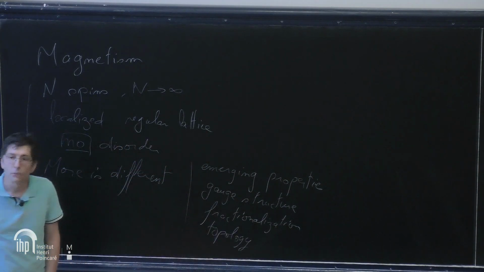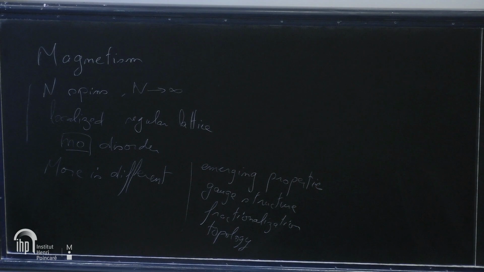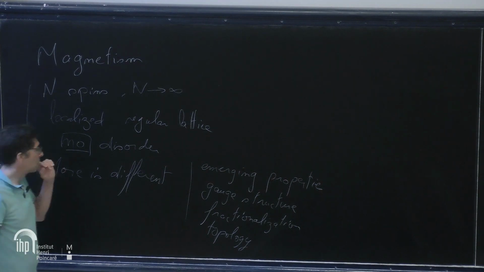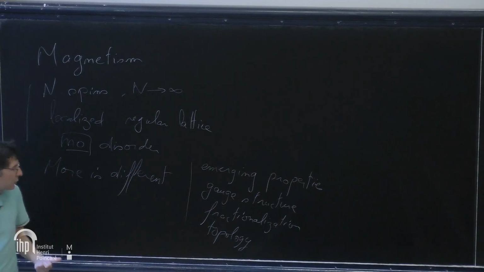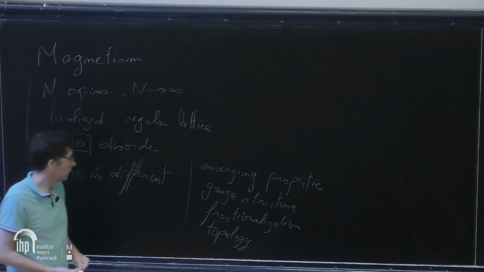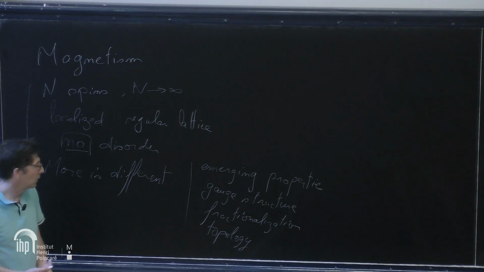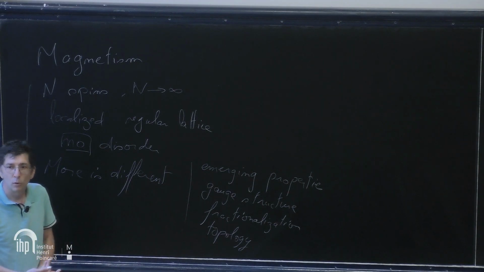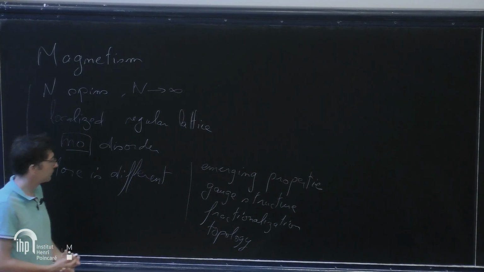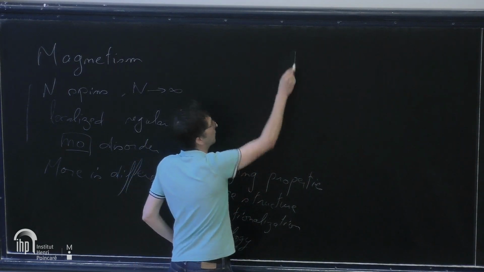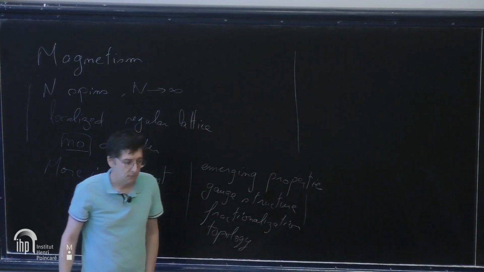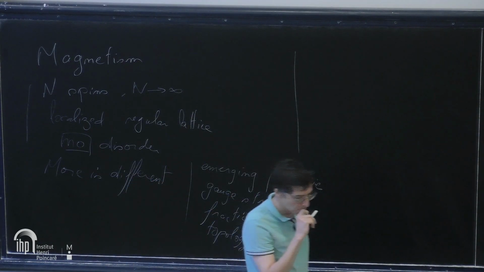So all this will be clarified, of course, during the lecture. Both in the classical and quantum case, fractionalization means, for instance, that excitations can be part of the microscopic degree of freedom. And we had the lecture on Monday about quantum Hall effect. So we see a lot of analogy with quantum Hall effect that can be realized with magnets.